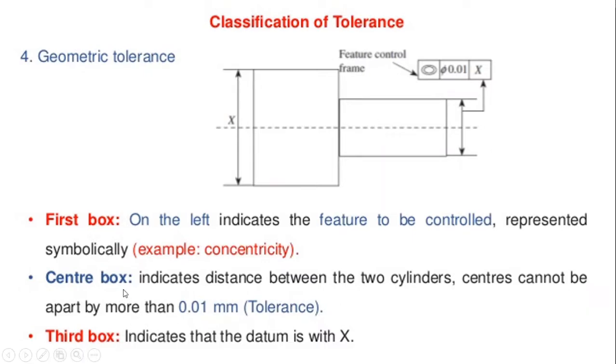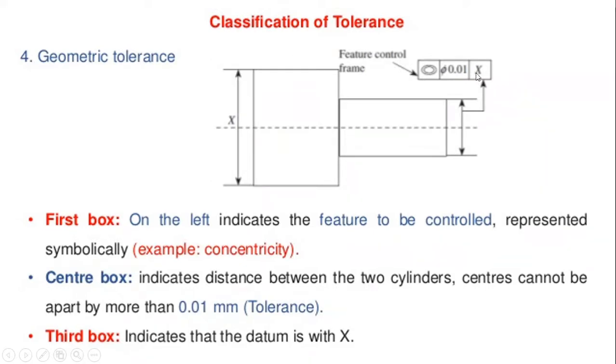Next one is the center box, which represents the tolerance value. Tolerance value is diameter 0.01 millimeter, and the third box represents the reference.